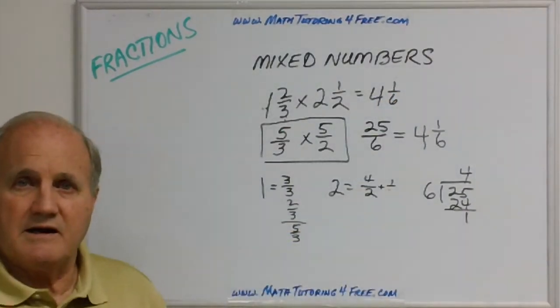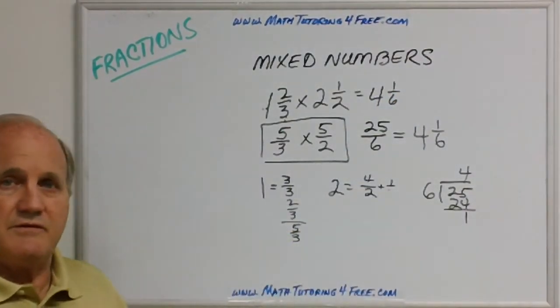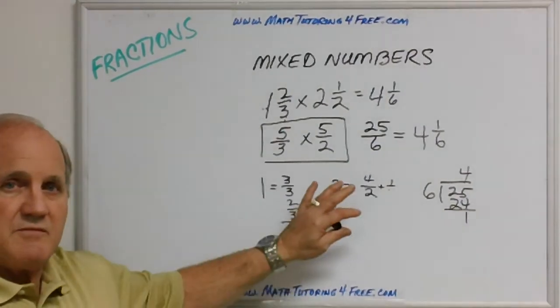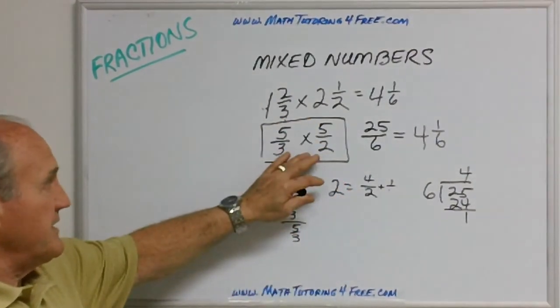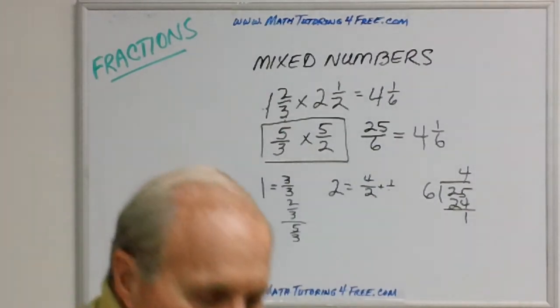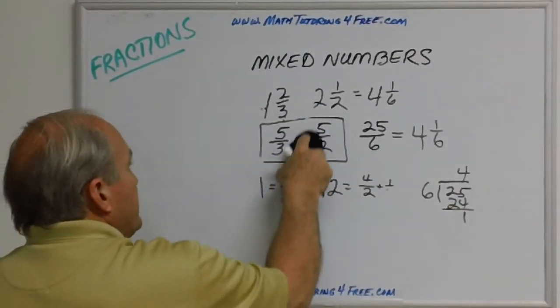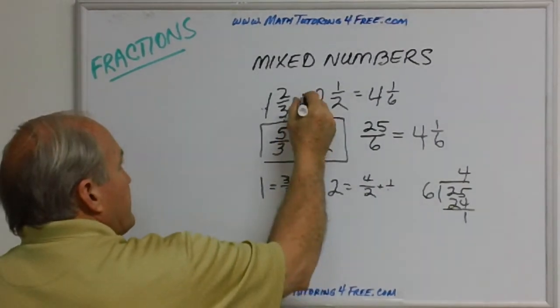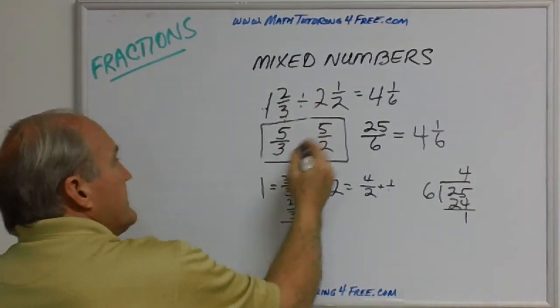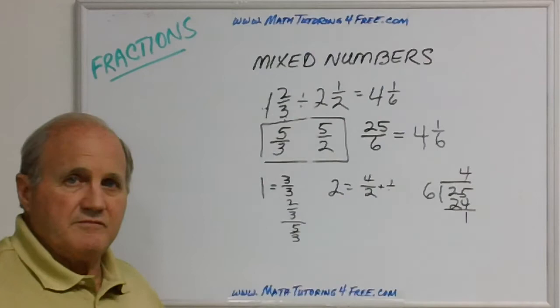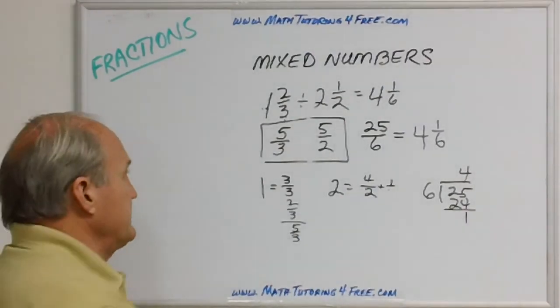What do you think, how do you think we would do division? Same way, we get to the same point. The difference is that if this were division, we first have to get it into its fractional form, even though they're improper fractions.